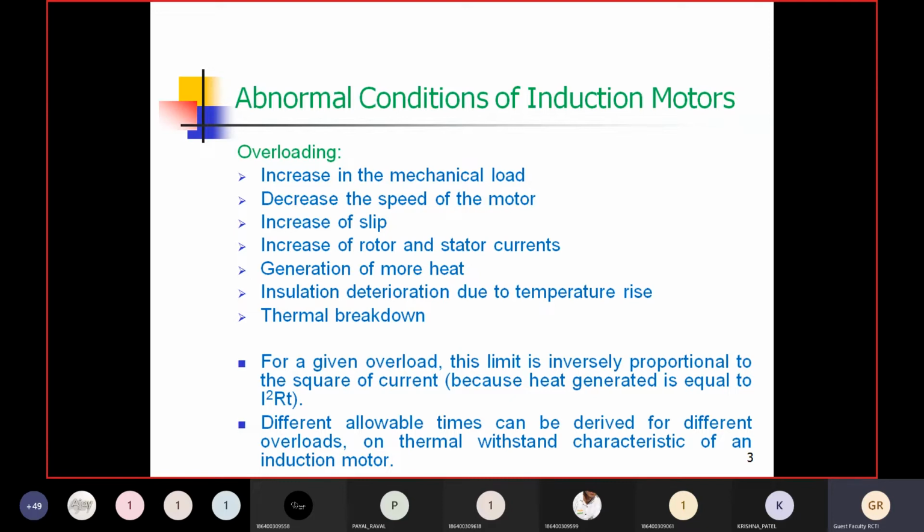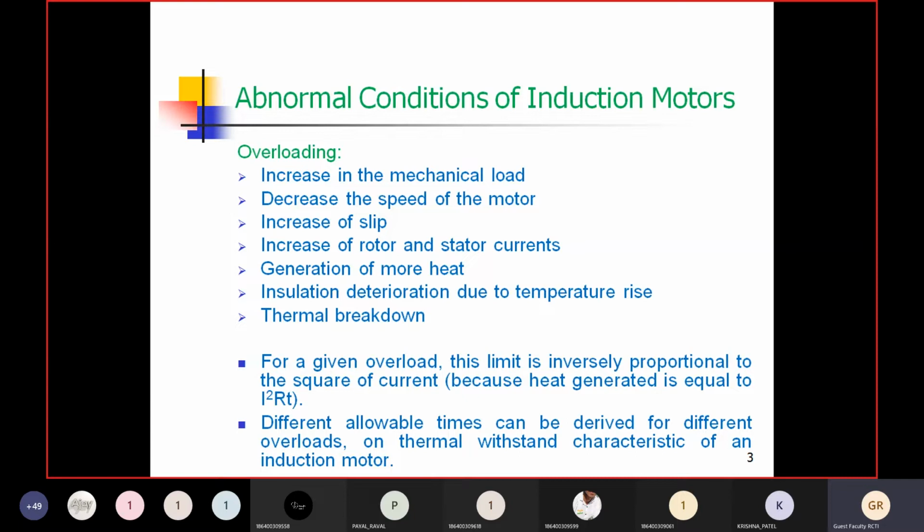Many times the power system engineer and the protection engineer have this type of conflict. The power system engineer says that there is an increase of I square R loss, and it is going to damage the winding. He is right, but the winding is going to be damaged because of damage of insulation, not because of damage of the conductor.